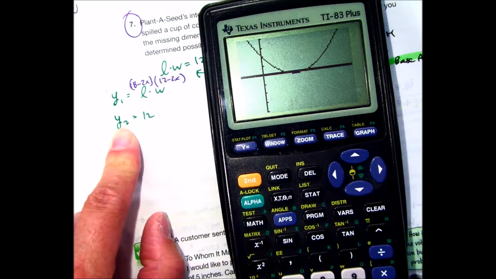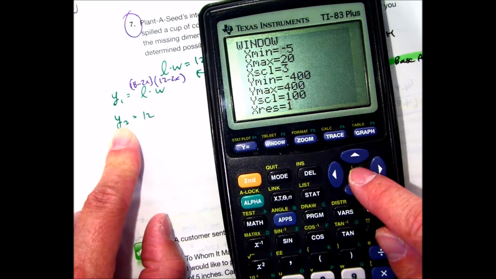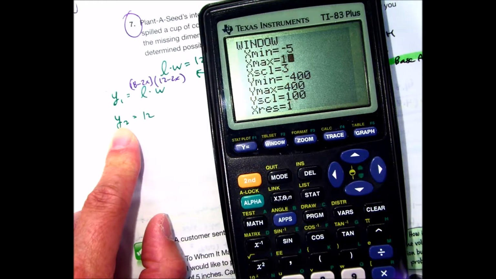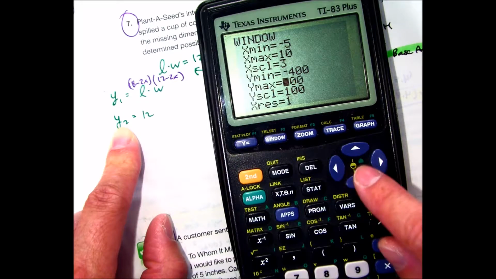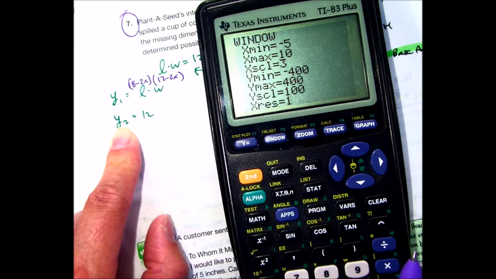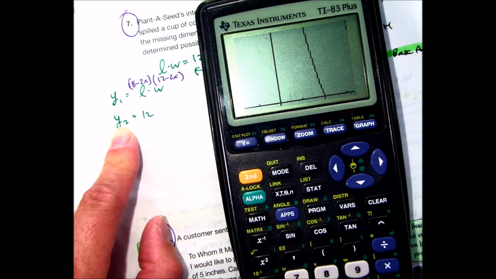Let's see, and it looks like it's very low, so let's check. Negative 5. Oh, I know why. My Y max is too high. Let's just say I go to 30. Like negative 1. Alright, so we're close.